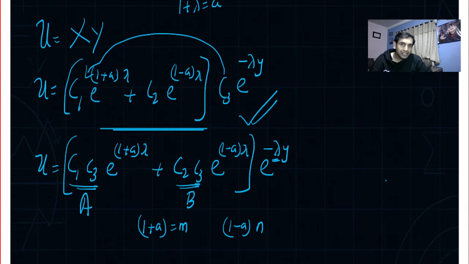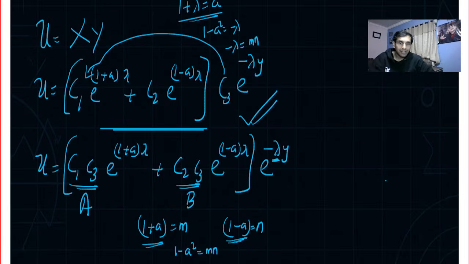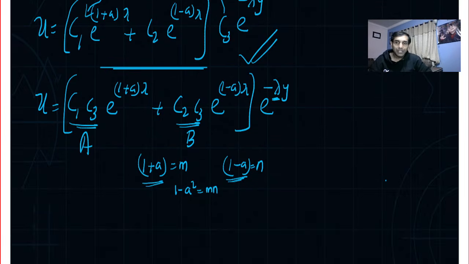And now look at this. If I multiply 1 plus a and 1 minus a, I'm going to get 1 minus a square is equal to m into n. And that is exactly, can you see this, 1 minus a square equal to minus lambda. So minus lambda equal to m into n. If you do this much, your final answer looks cute.